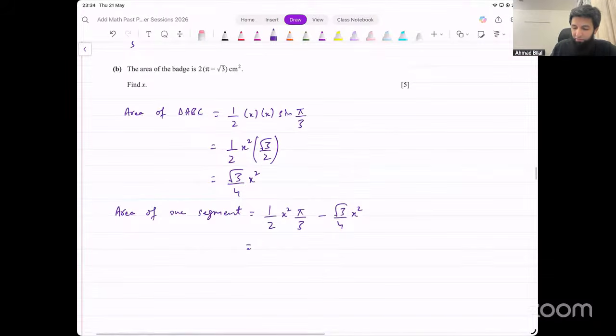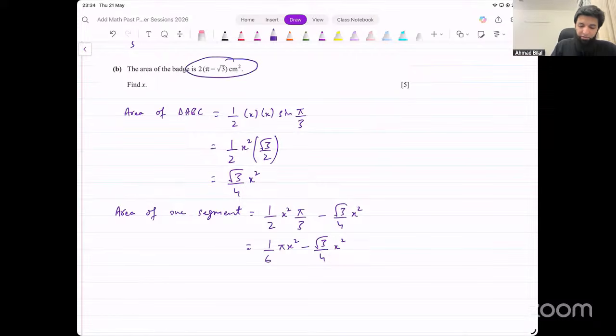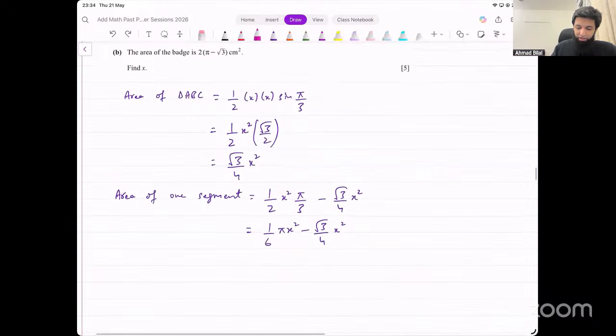Simplify this. This gives you 1 over 6 pi x squared minus root 3 over 4 times x squared. That's area of one segment. The total area of the badge is given. So now what we can do is we can say the total area, what does that turn out to be? That's root 3 over 4 x squared.